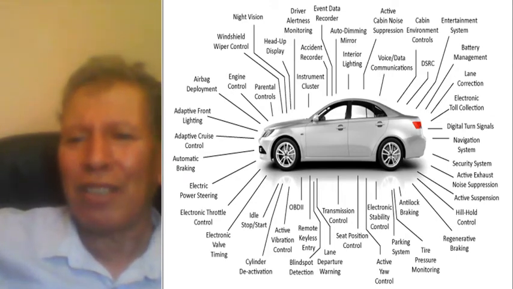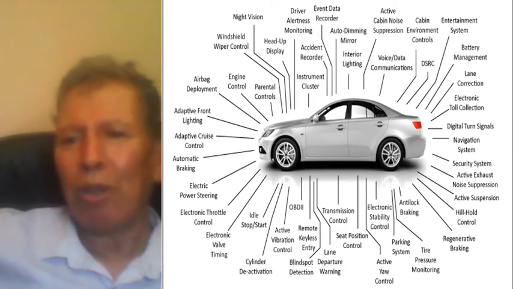Digital turn signals. Yeah, probably you don't need to push any button or any knob. It will work by itself when you steer to a certain direction. Toll collection, electronic toll collection.